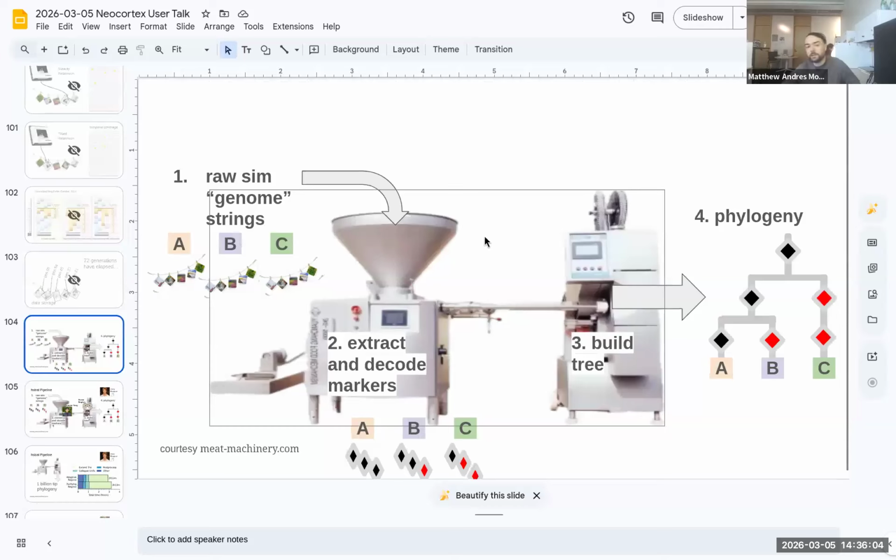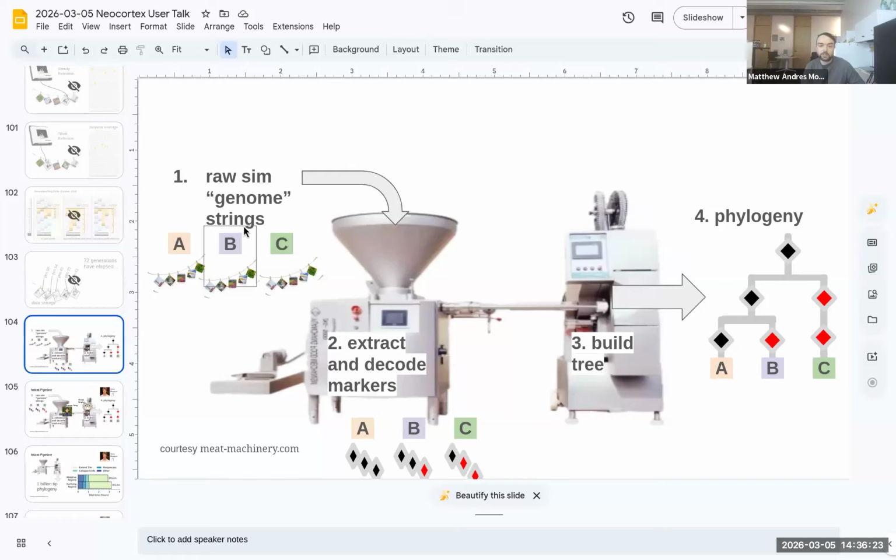So putting this all together and getting a little bit more towards the implementation, the steps we need to build a phylogeny from genomes that we've sampled off of a wafer scale simulation is: first, we start off with just the raw binary data that we've taken off the Wafer-Scale Engine. Then we have to go through, extract, and decode the set of markers that we've stored in the genomes.